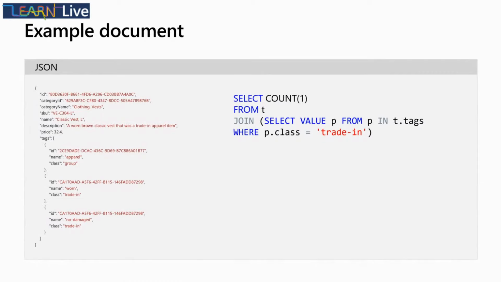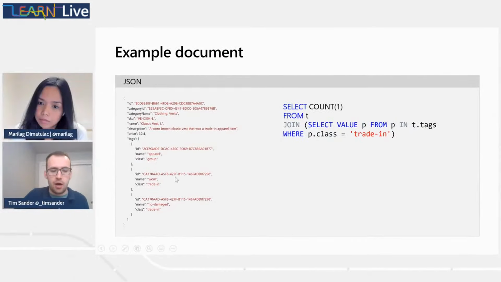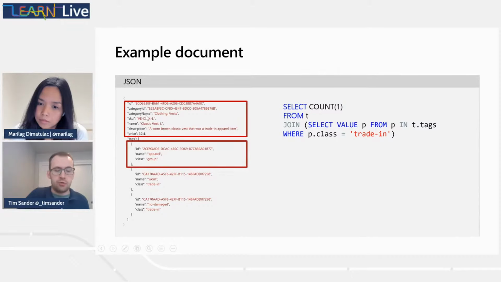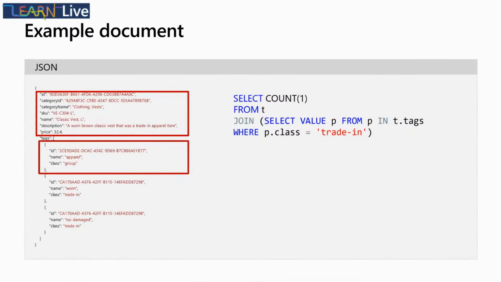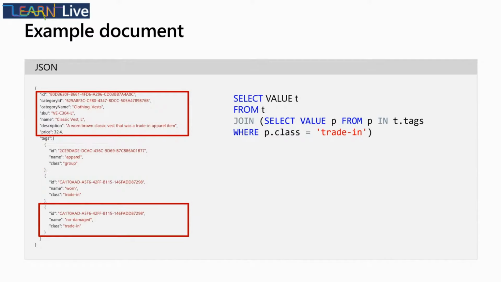Now, for this sample document, going back to the example, if we were to run this query, it's going to get the count of array elements that have the class value trade-in. We'll do a join of all the tags that have the class trade-in with this root element. So if we take this root element, we'll do a join with the first tag, second tag, and third tag.